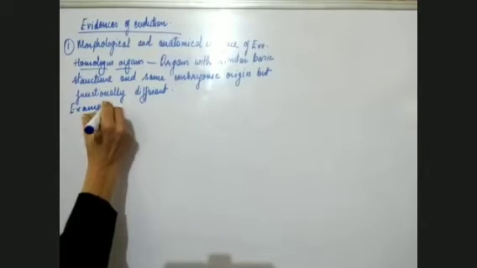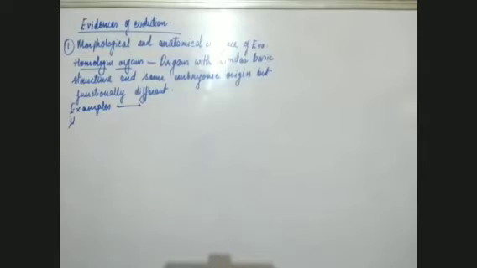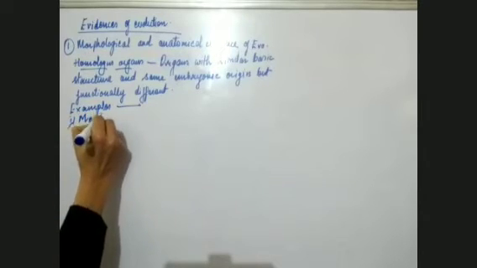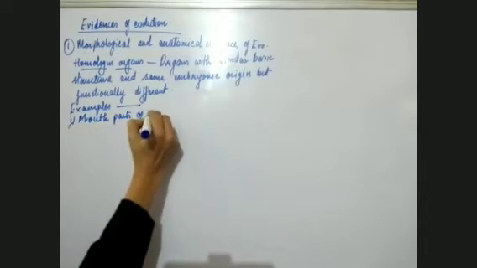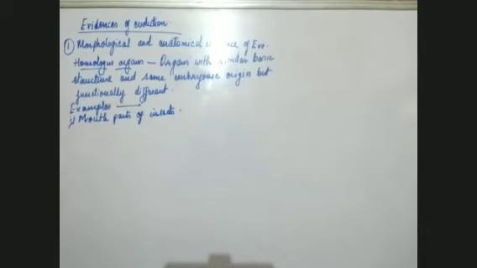The first example which I'm going to give you is the mouth parts of insects. You must have heard about the mouth parts of various insects. The mouth parts of all the insects have the same origin and the same structure.